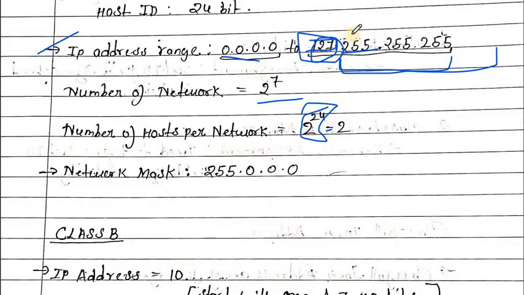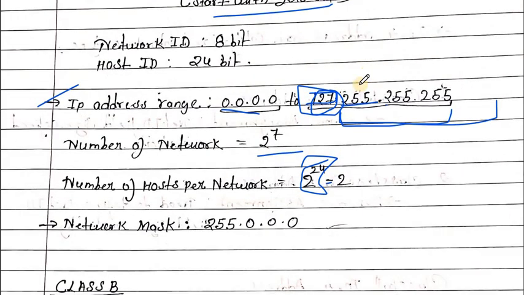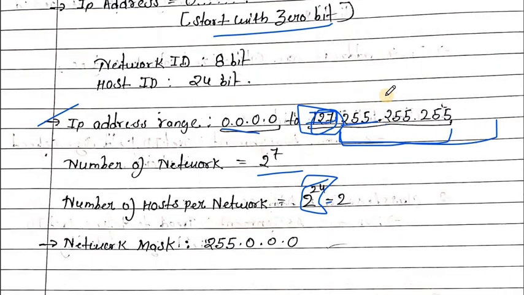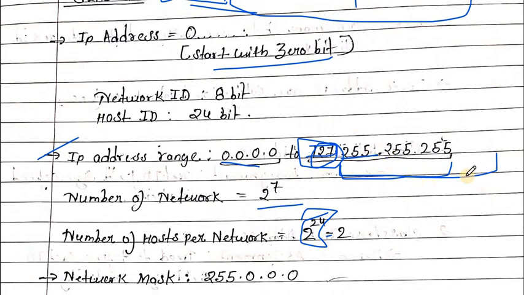If all 24 bits are 0, this is called the network address. If all 24 bits are 1, that is called the broadcast address, a special IP address which cannot be a host ID of any network.